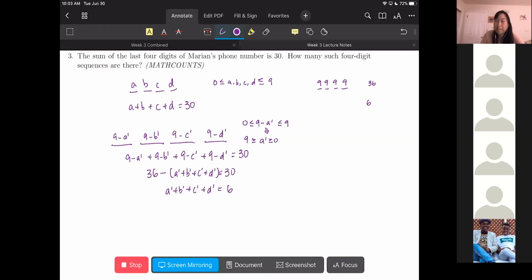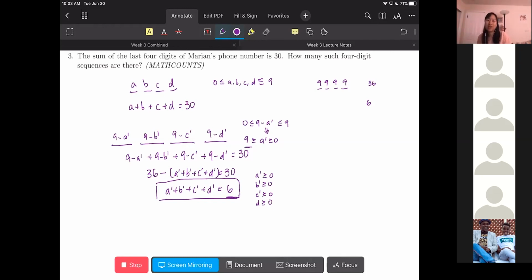So we've transformed this problem into something we know how to solve. If we just assume that A prime, B prime, C prime, D prime are non-negative, then we know how to solve this. And furthermore, the sum is 6, so none of them can be greater than 9.